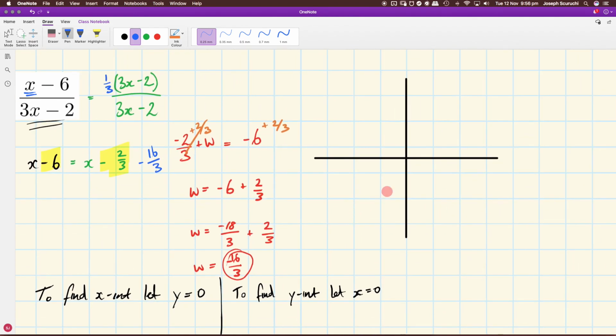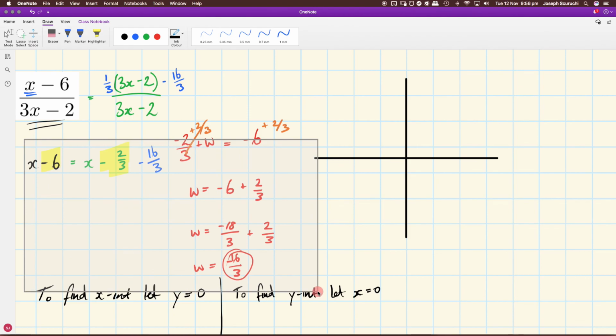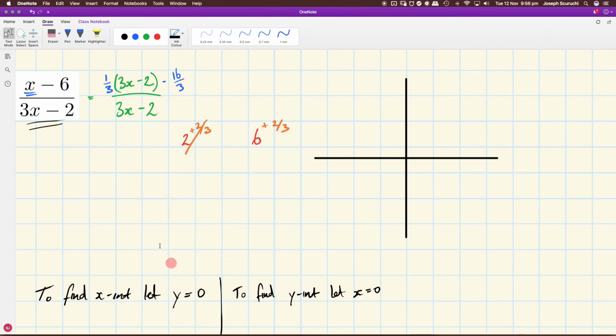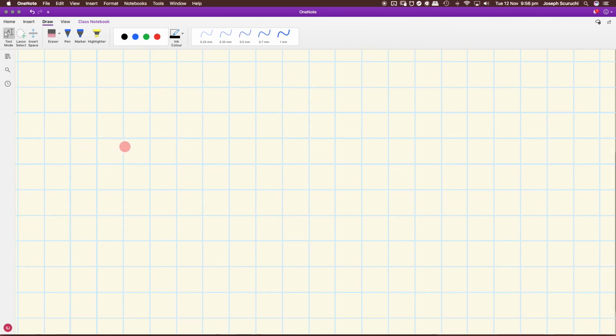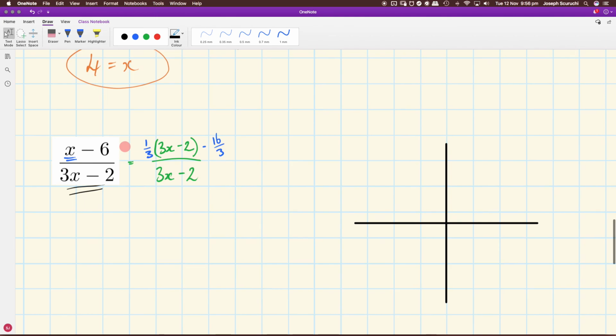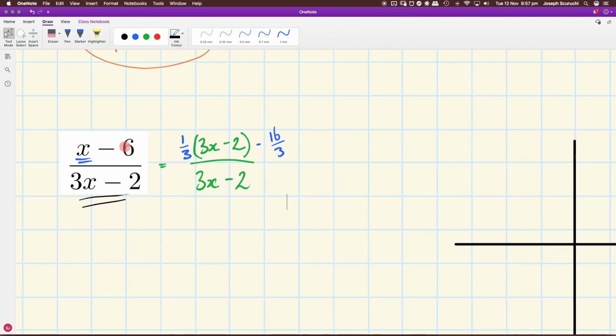Perfect. Before I go on, this was all just working out. Sometimes you get wrapped up in this and think that that's what you're doing. Then I'm going to rub all this out. So I'm going to get 3x minus 2 there.